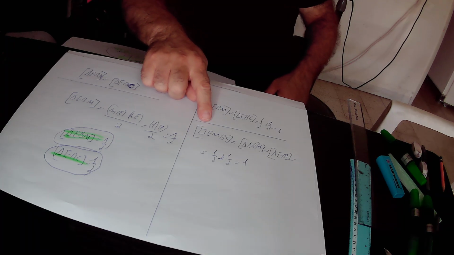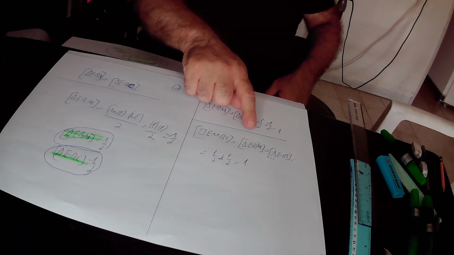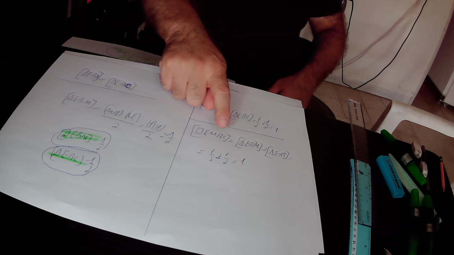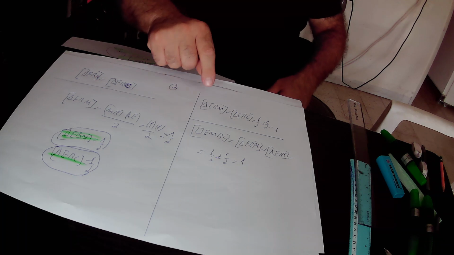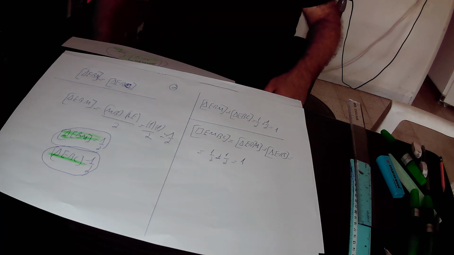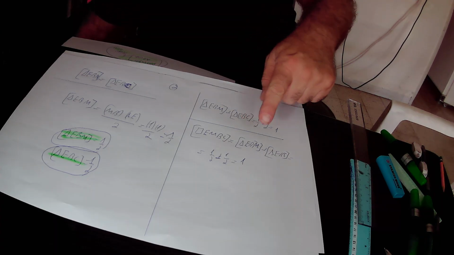That is to say, it must be equal to the area of triangle EBM, that is 1 half, plus the area of triangle EBC, this is 1 half. 1 half plus 1 half is 1. So in total, the area of the big quadrangle EMBC equals 1 square inch in size.